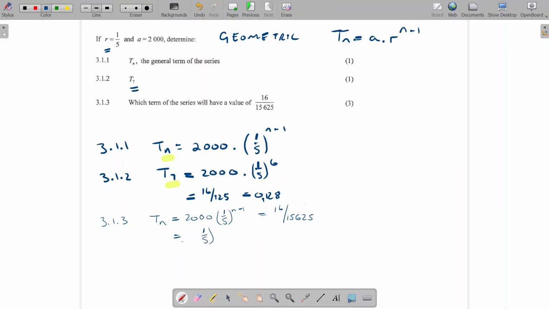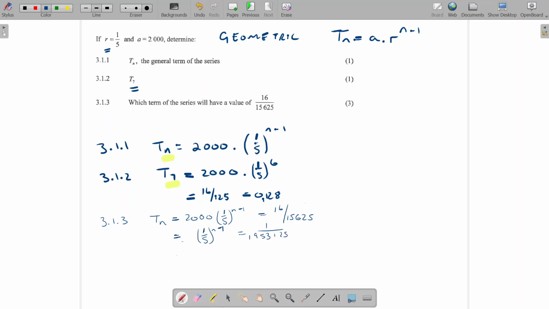Okay, so we're going to take that 16 divided by 15625 and divide by 2000. I'm getting an answer that's massive. So (1/5) to the power of n minus 1 equals 1 over some massive number, 1,953,125.